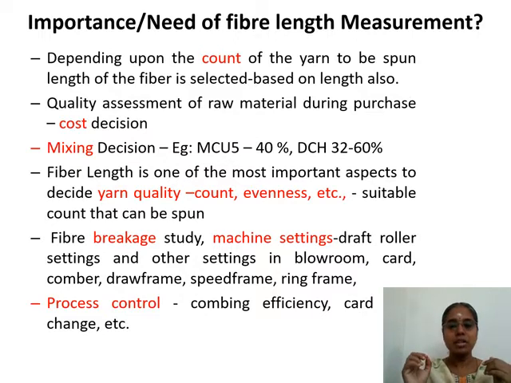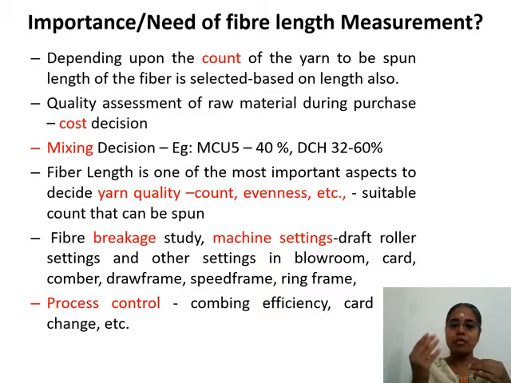The next important thing is machine settings. Most of your machine settings are based on your fiber length, especially the draft roller settings. I hope you remember the draft rollers with three top and bottom rollers, the front nip and the back nip. The distance between the front and the middle roller is called the front zone setting, and between the middle and the back roller is called the back zone setting.